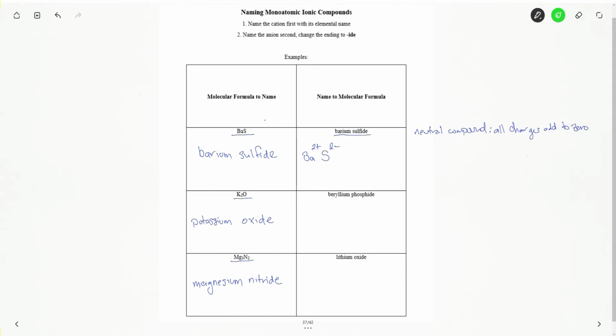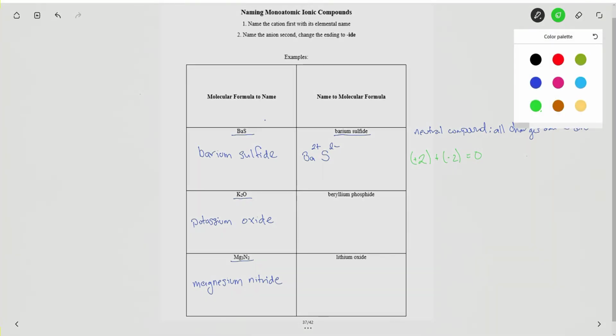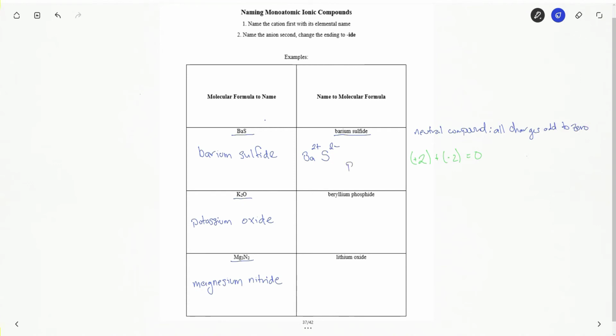If I take a look at my two charges here, I have barium, which is simply a +2. I'm going to add it to my sulfide, which is a -2. You can see here that this does add to give me 0, so I do not have to alter how many of each atom I have. I simply write my compound a little more cleanly without the charges. That is barium sulfide. Let's move on to my next example.